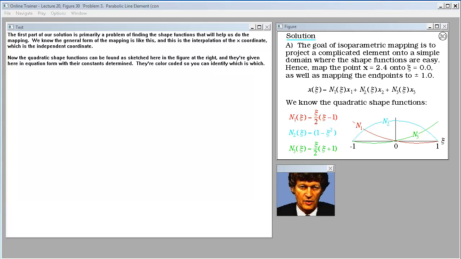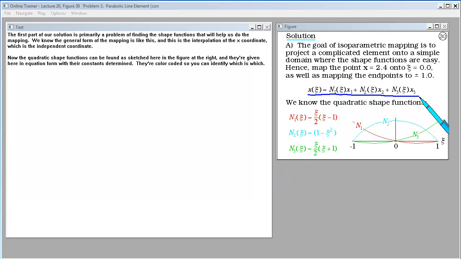The first part of our solution is primarily a problem of finding the shape functions that will help us do the mapping. We know the general form of the mapping is like this, and this is the interpolation of the x-coordinate, which is the independent coordinate.